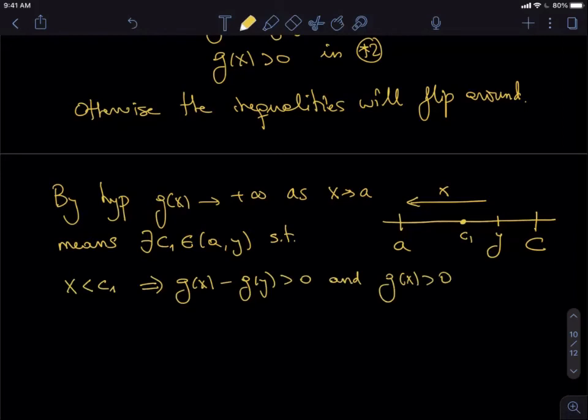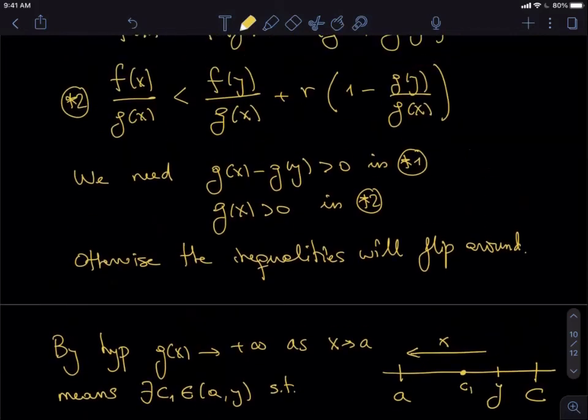So then we are good. Then star 2, this one here, let's actually copy paste.